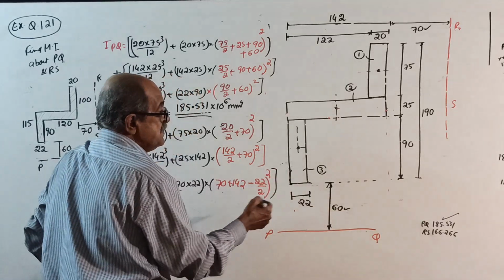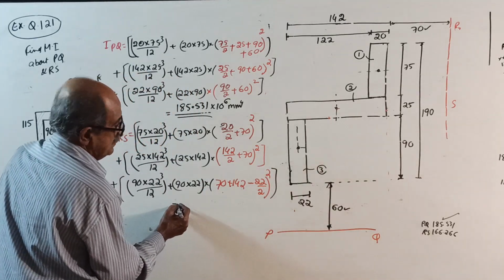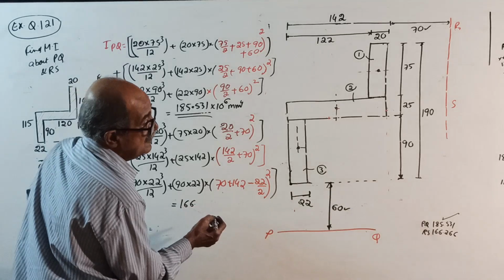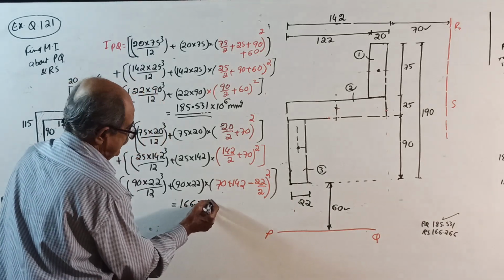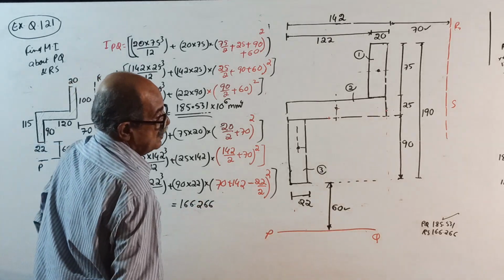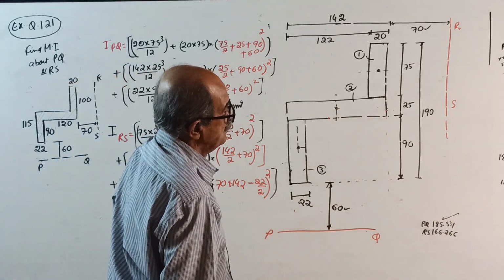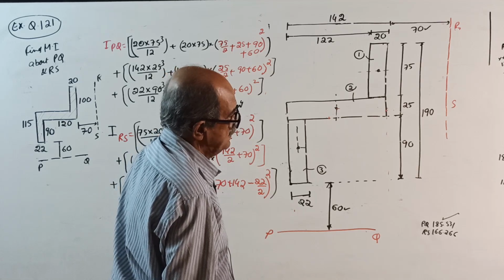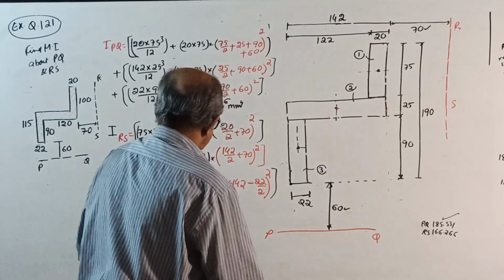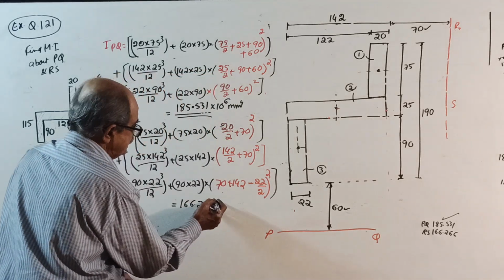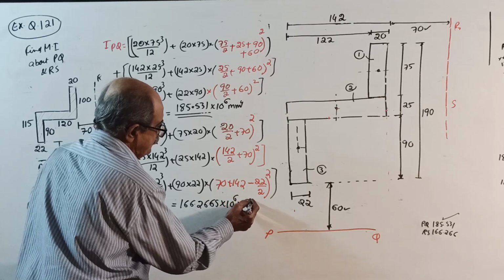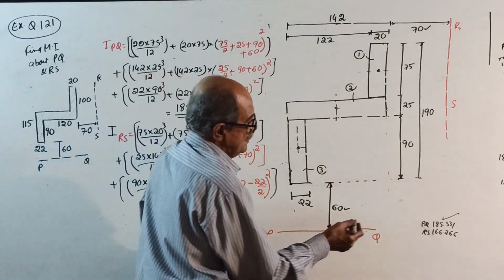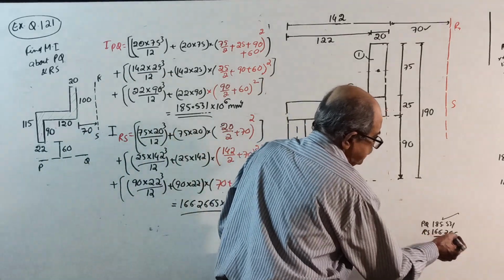Calculate. I sincerely calculated. I got 166.267 into 10 to the power 6 millimeter power 4. Last time the answer was 166.266.